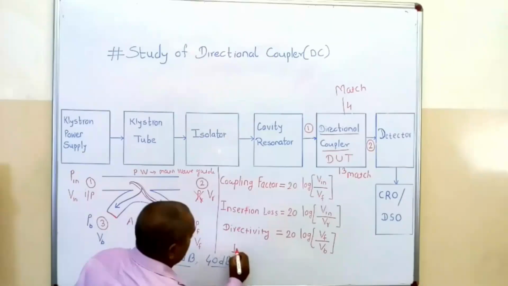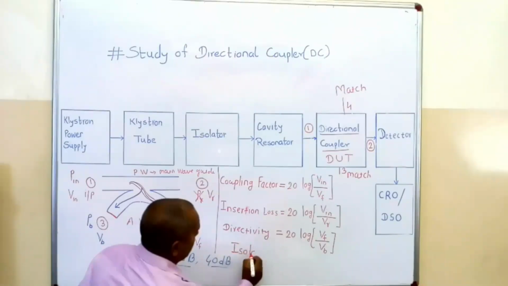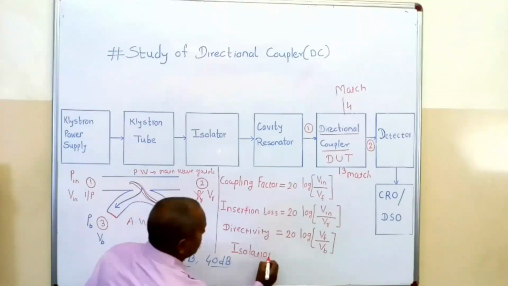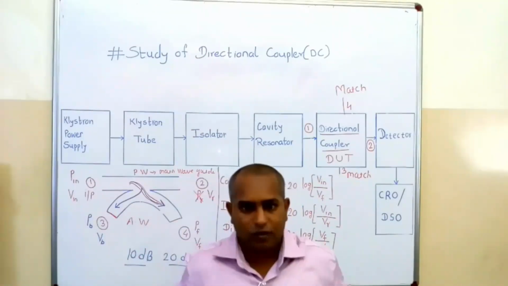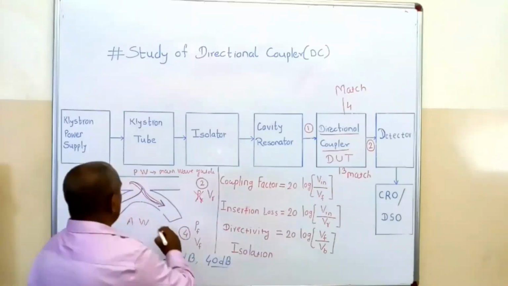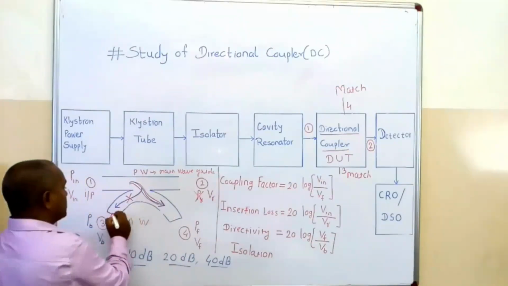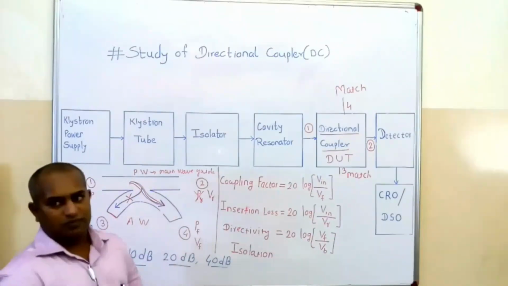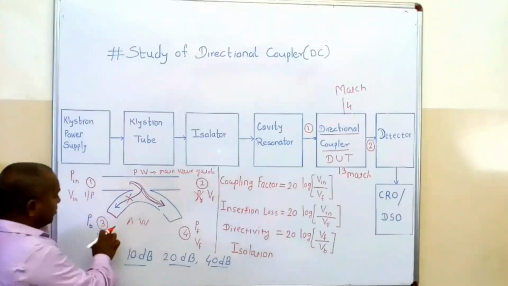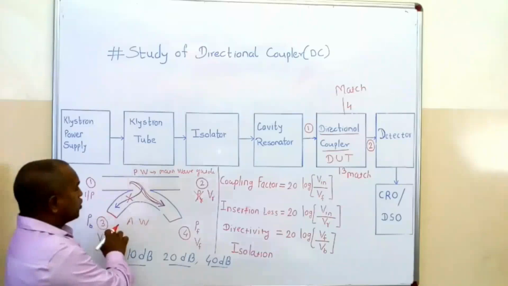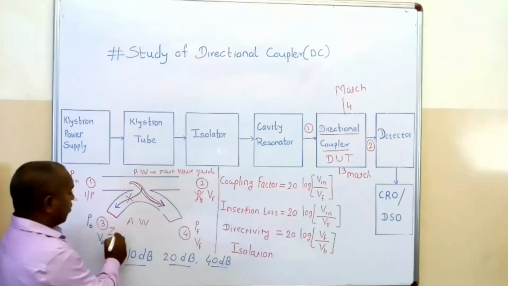And my last parameter related to this directional coupler is isolation. For a good directional coupler, power should not come across this port. Ideally, the power across port number 3 should be equal to 0.